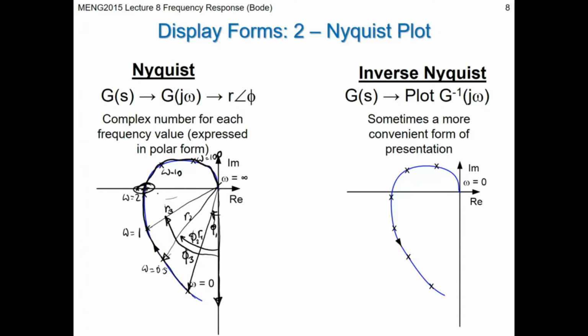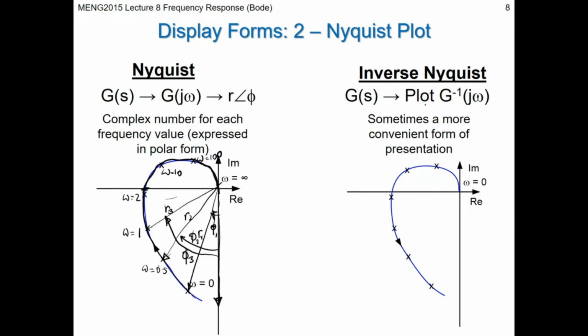So there are key values here, and you can see as well that the plot comes in towards the origin. As the frequency increases, the magnitude, the R, reduces and reduces. Some of these things are important in terms of the characteristics of the system, but this is just so you get an idea of how a Nyquist is plotted.